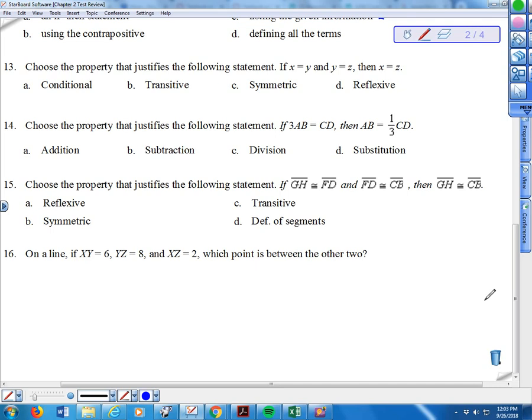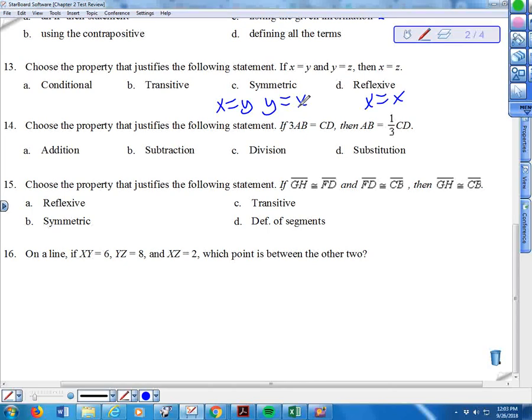What's the reflexive property? X is equal to itself. Symmetric. If x equals y, then y equals x. Just flips. Conditional property. They just threw that in because they needed a fourth choice. Doesn't exist.